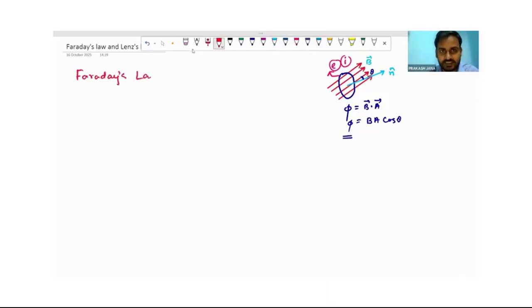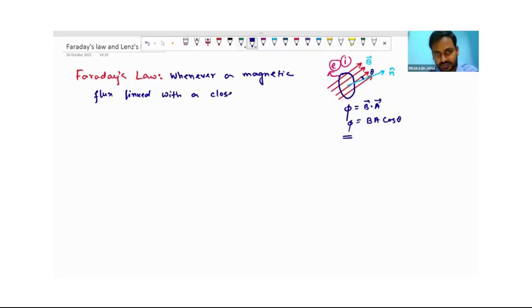This is Faraday's law. It says whenever a magnetic flux linked with a closed loop or closed coil or circuit is changed, an EMF, that is electromotive force, is induced.